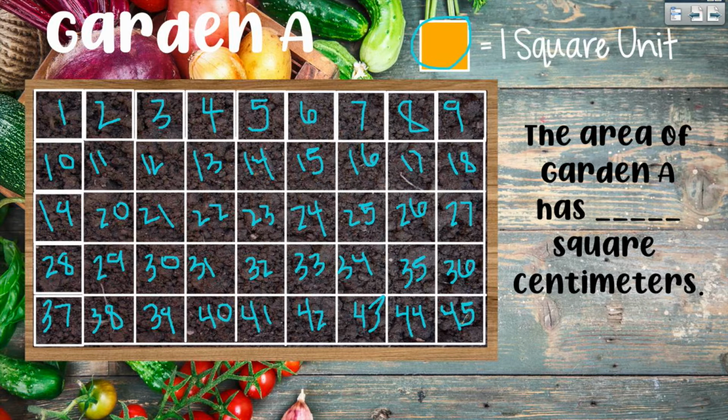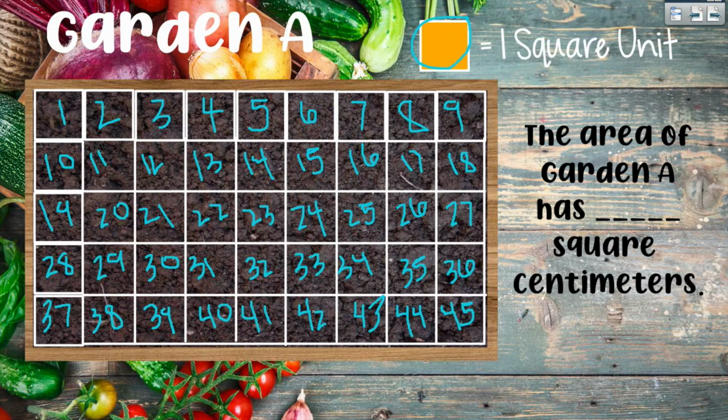Whew, that was a lot of counting. Now, a way that I like to check myself is I count the number in each row, which in the first row we have 9, and then I count the number in each column, which is 1, 2, 3, 4, 5.